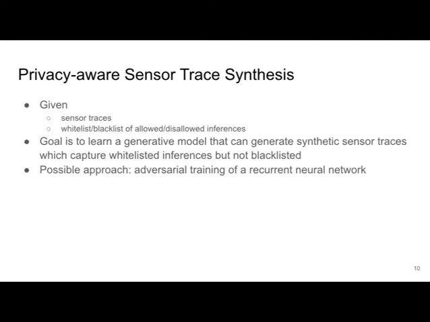So one framework to think about it is that there are some desirable inferences that I'm comfortable with, so you can think of it as your whitelist, and then there are others, undesirable ones, which are the blacklist. And I have to share the sensor data, so how could I make sure that whatever I'm sharing, my recipient can decipher the whitelist but not the blacklist?